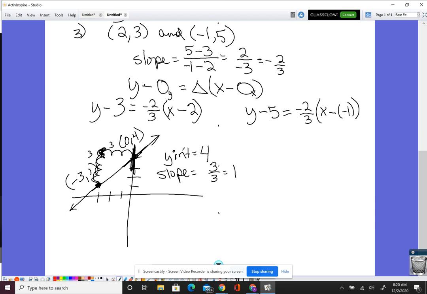I know a slope, I know a y-intercept. Which form of the line am I going to use to create my equation? Slope-intercept. So I'm using this base here. I'm replacing the triangle with what the slope is, which is 1. And I'm replacing the square with the y-intercept, which is 4.